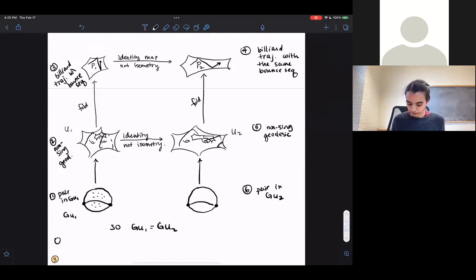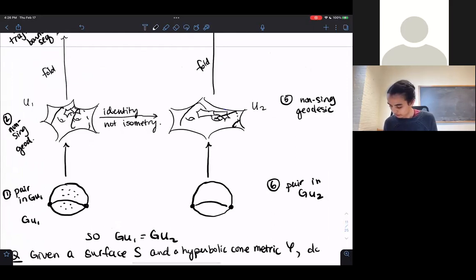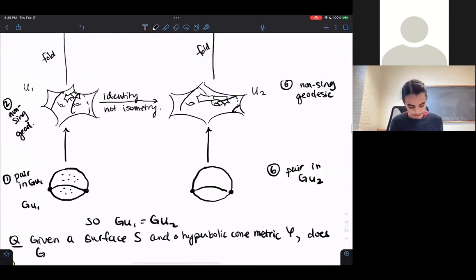Okay, so now the question is, given a surface S and a hyperbolic cone metric, let's call the metric phi, does G phi determine phi?